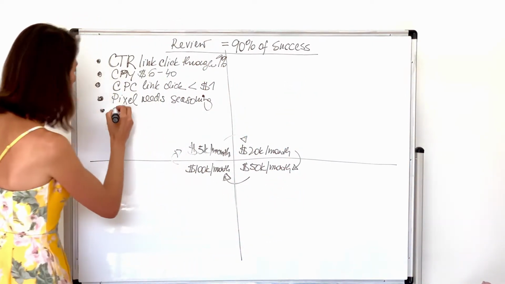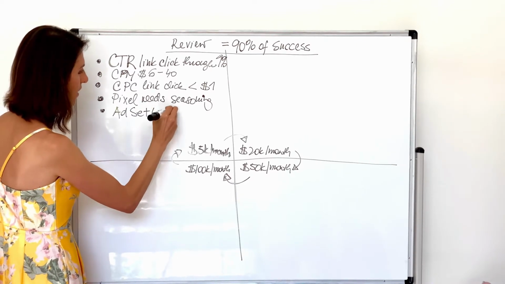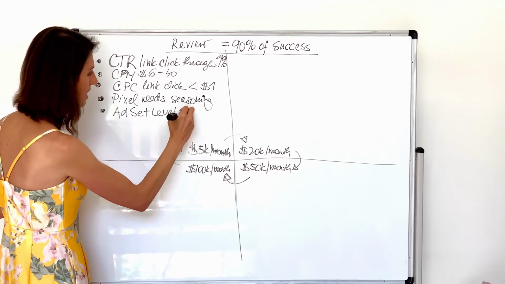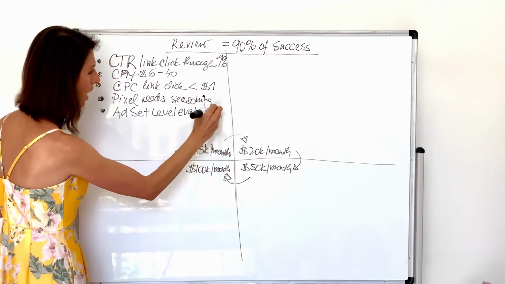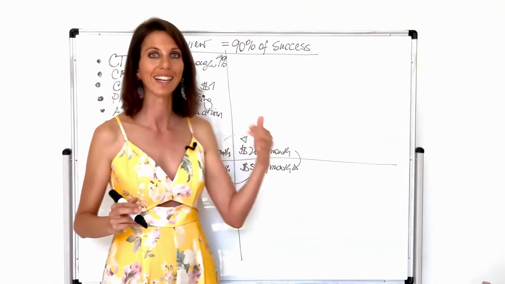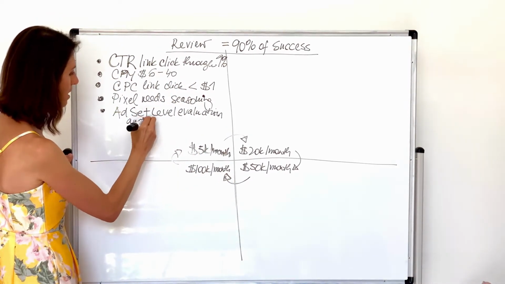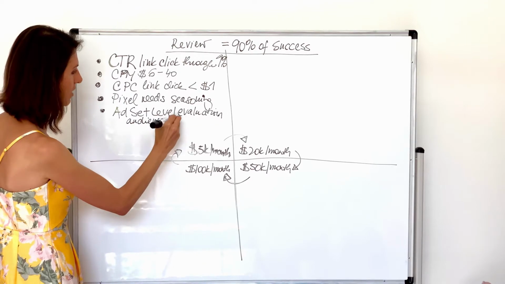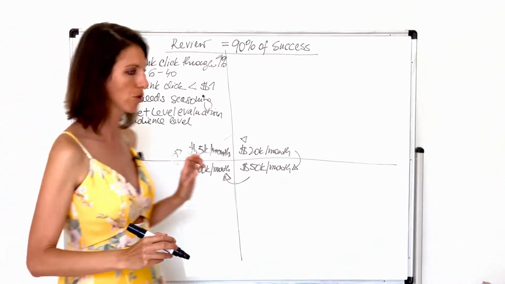We want to do that on ad set level evaluation. And that means that you are evaluating it on the audience level. This is super important. So very important to do that.